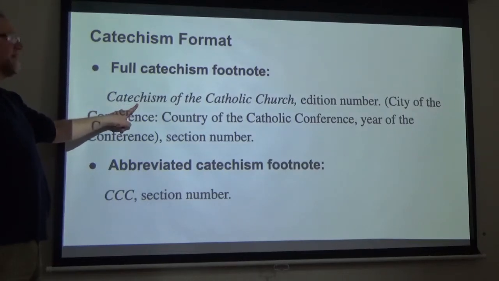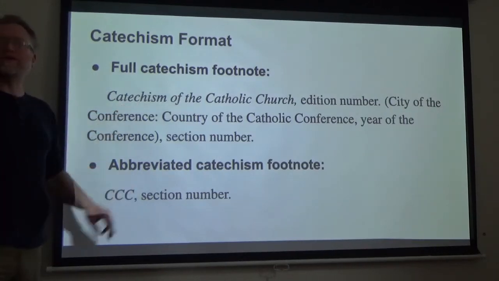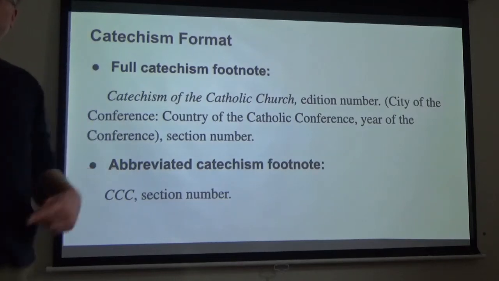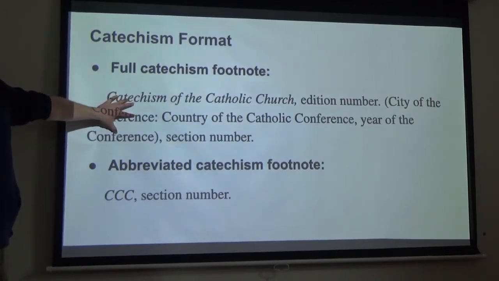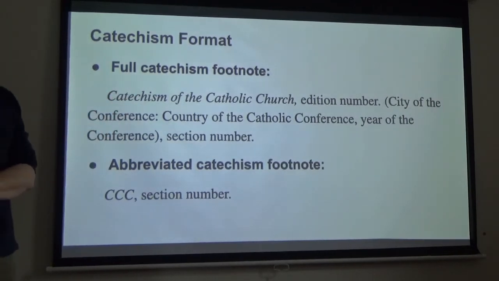What is the first thing you have? The name. It's still the name. So any catechism you use, you're going to follow this exactly. Normally you're using the newest catechism. There are many editions, but some of them are very old. Maybe you're writing a paper about catechisms from many years ago, and this will be different.